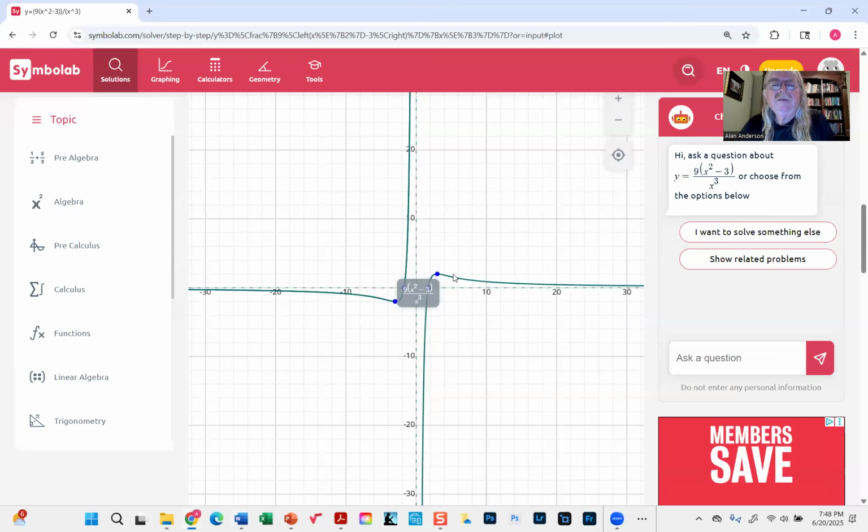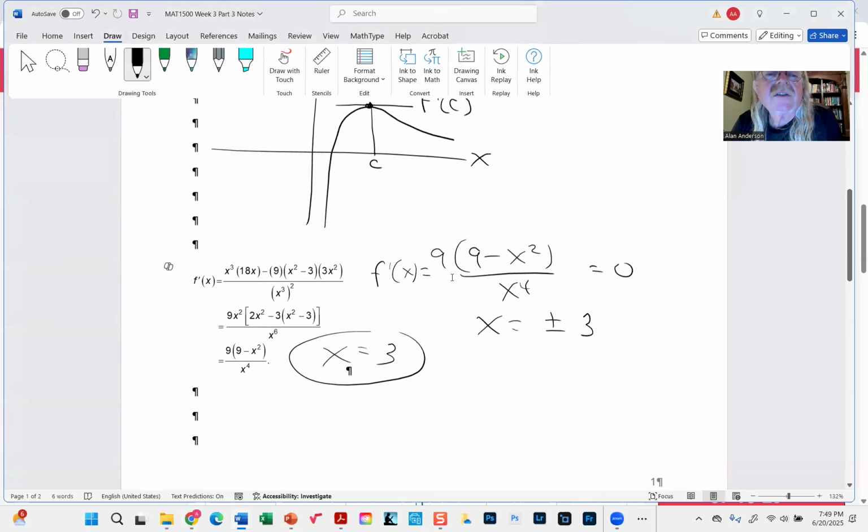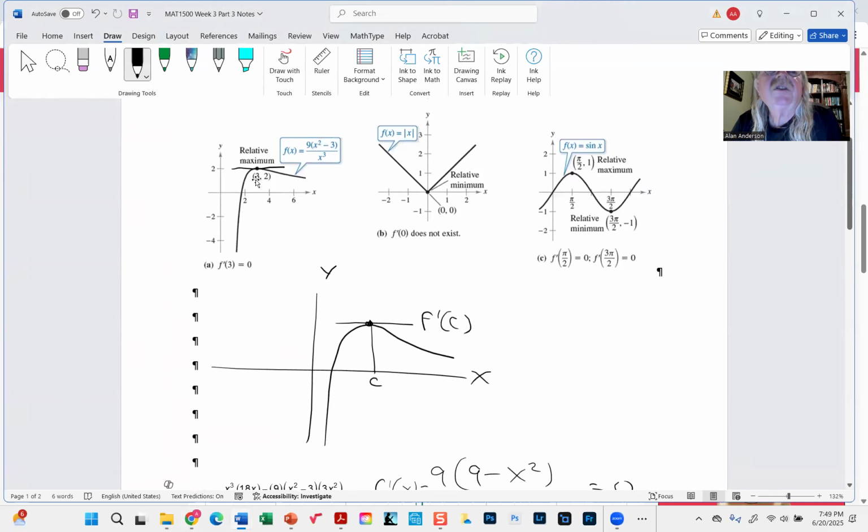All right. And also, by the way, they went ahead and solved for the value of the function at x equals 3 by plugging it back into the original function.